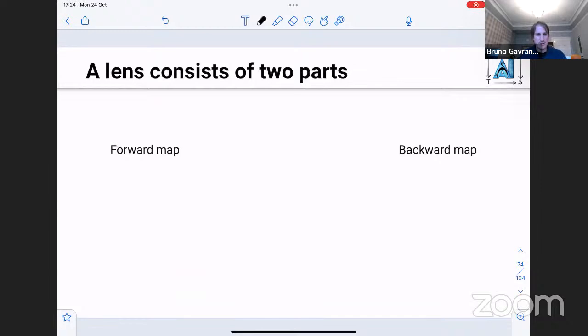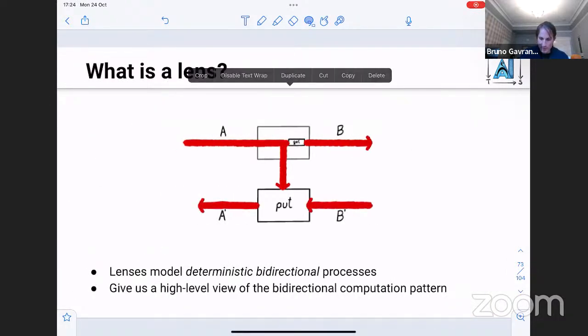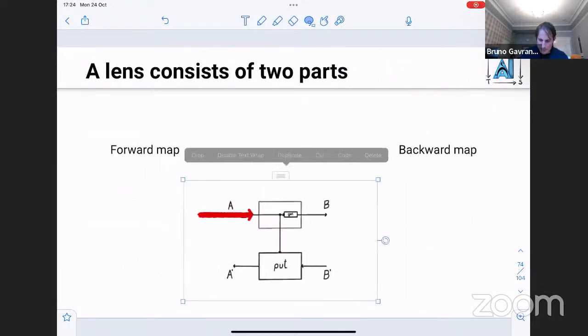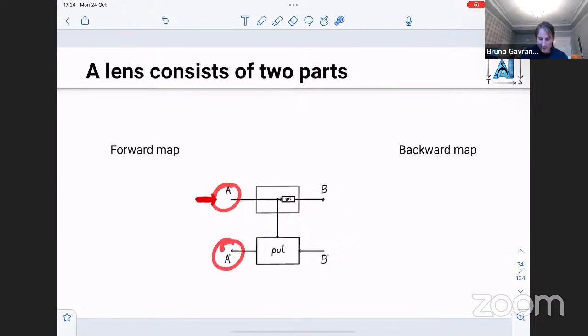Before I go into the definition, I might even just copy this and have a look at it here. A lens is a particular gadget that has two ports on the left side and two ports on the right side, where we think of this port as input and this one as output. So this could be values, this could be gradients. Values go forward, as in a neural network, we save some intermediate state, and gradients flow backward.